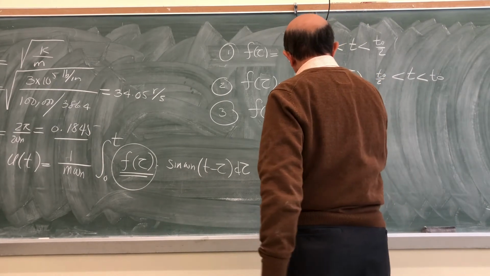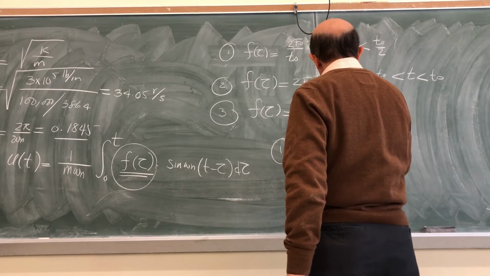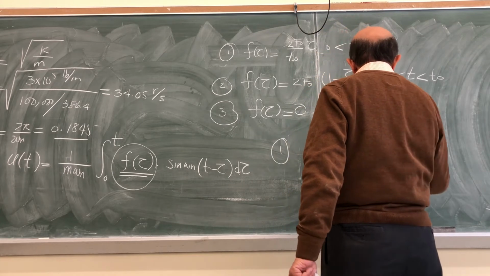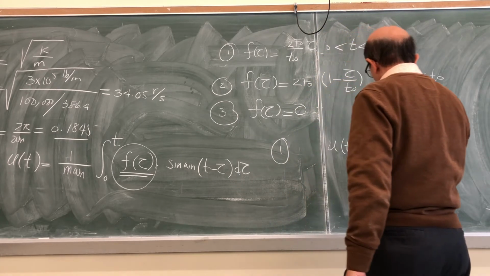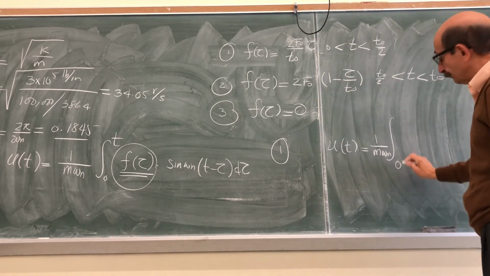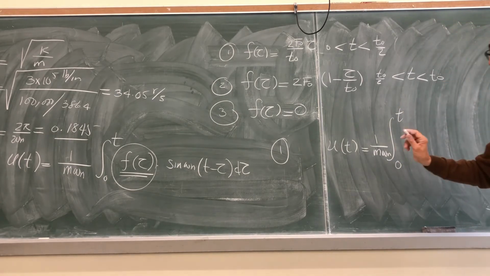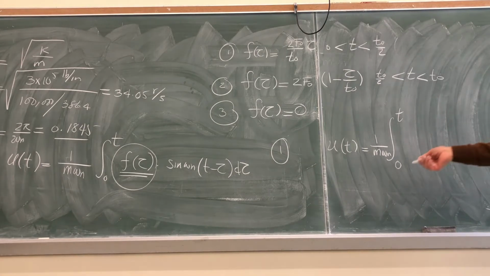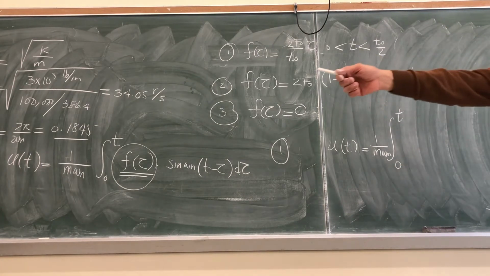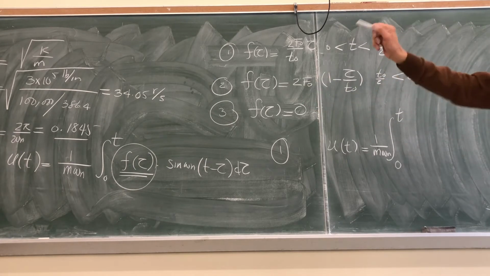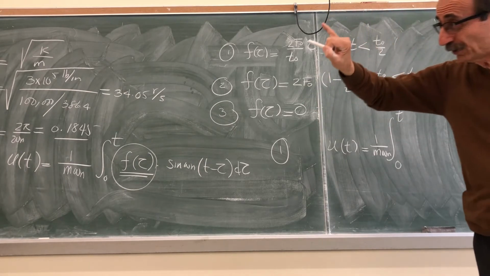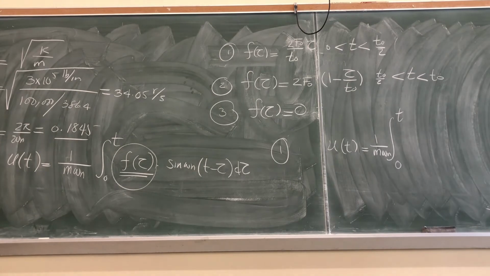For case 1, u of t is 1 over m omega n times the integral from 0 to t. This is the part that you need to be careful. We are not evaluating this integral from 0 to t0 over 2, because we're not interested just in the particular value of the response at that point.